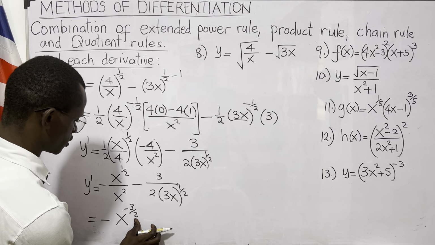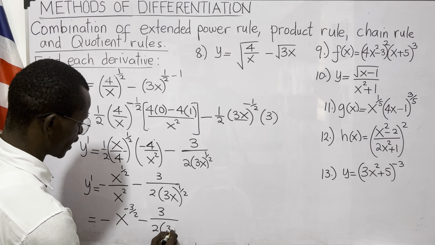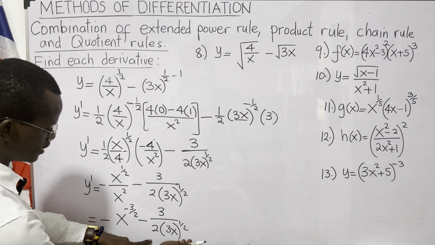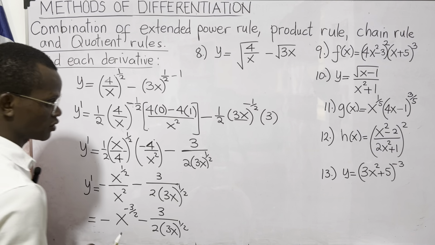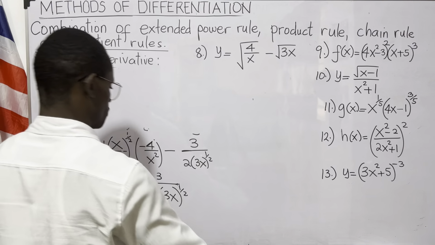Equals this, minus 3 over 2 times 3x raised to the power half. So we can just say this denominator times this one. Just a shortcut, better not to go the long way.